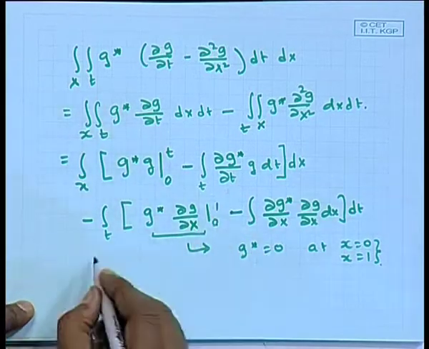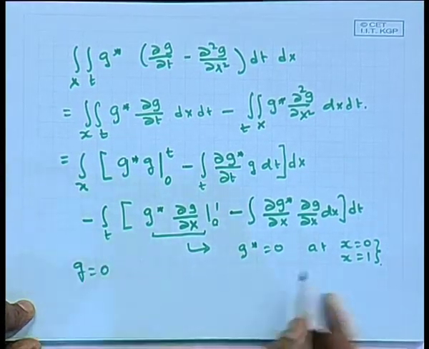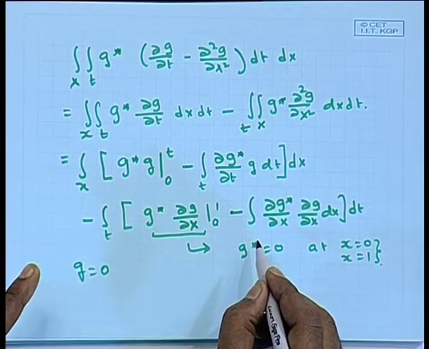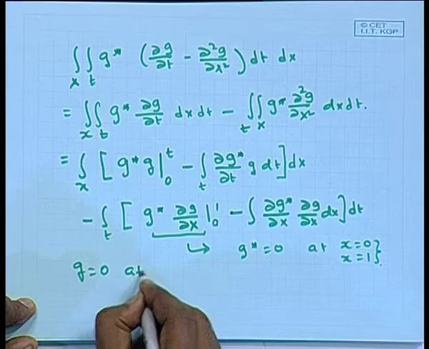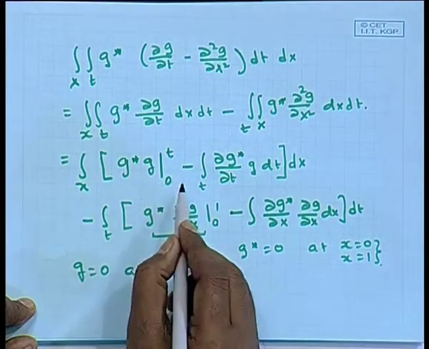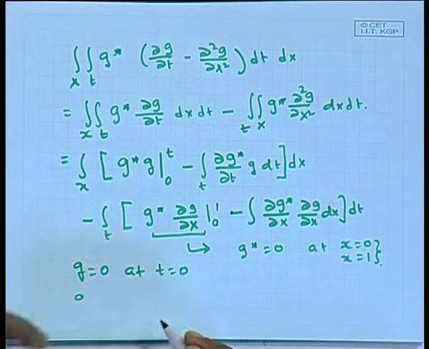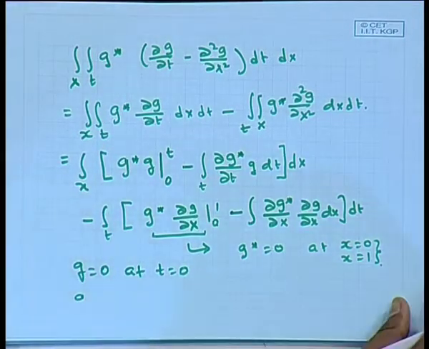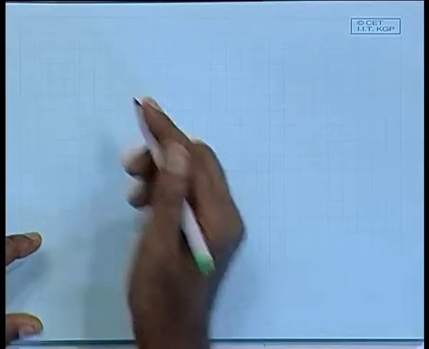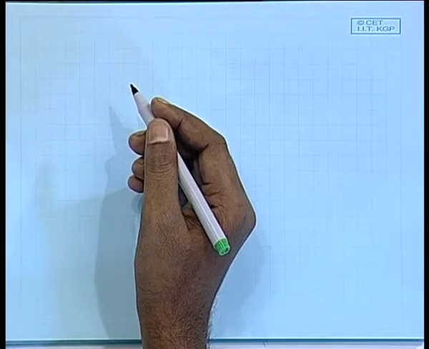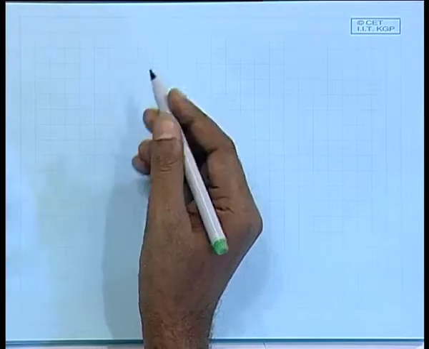So, you can fix up the initial condition on g star as well. G is equal to 0 at time t equal to 0. So, you need to bother about the lower limit, and whenever you are writing down the expression of g star, you are giving a Dirac delta function at a different location. Of course, it will be at x1 and t1.